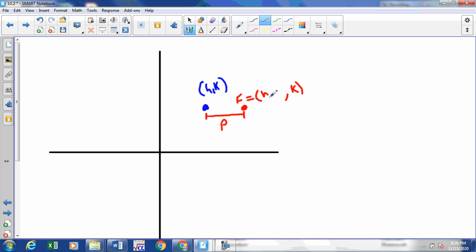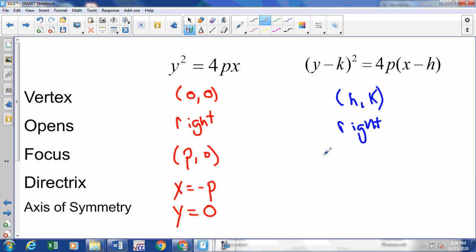This point is just going to be h plus p. So that is my focus. h plus p, k. And you'll notice over here how this works. Really, this 0 becomes h, this 0 becomes k. So we have 0 plus p and k. We get the same kind of equation.